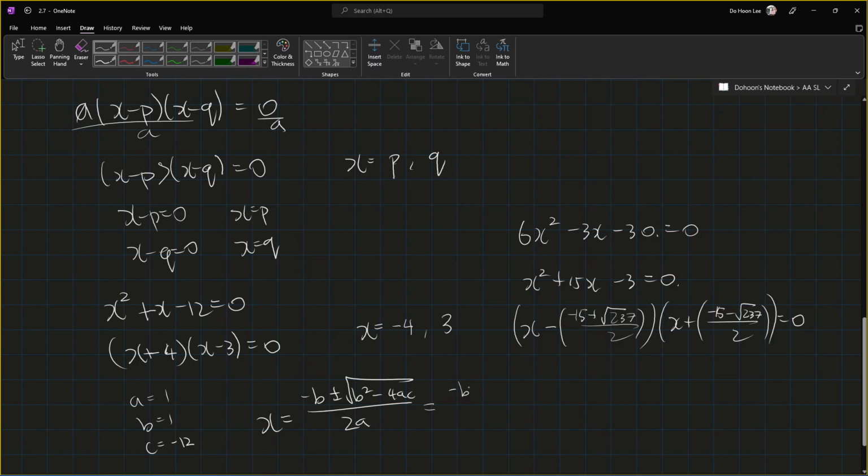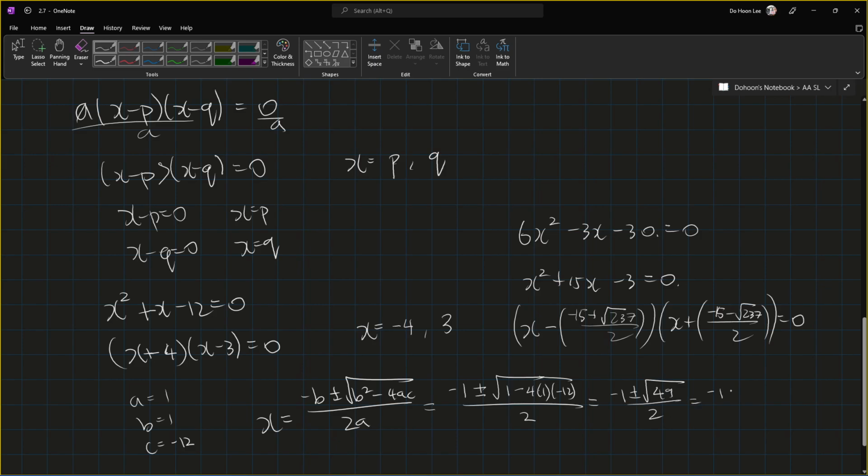Negative b is negative 1, plus minus the square root of 1 minus 4 times 1 times negative 12, so negative 48, over 2a, which is 2. 1 minus negative 48 is 1 plus 48, which is 49.